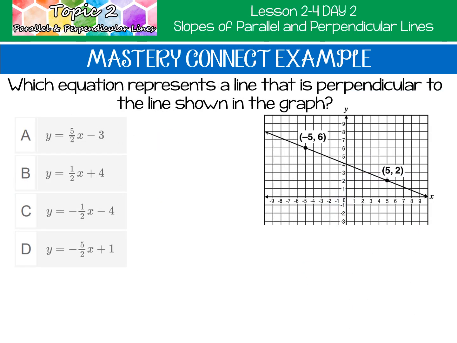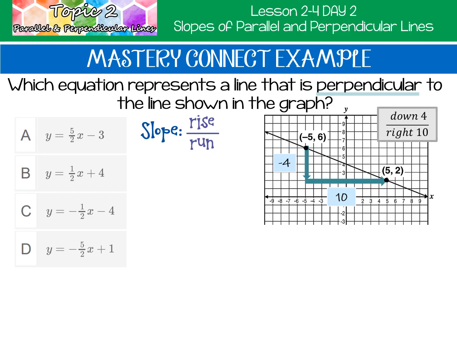Another Mastery Connect example. Which equation represents a line, they're in slope-intercept form again, that is perpendicular to the line shown in the graph? All the slopes are different, so let's find the slope. So slope of this, rise over run, we're going to go down 4, right 10.